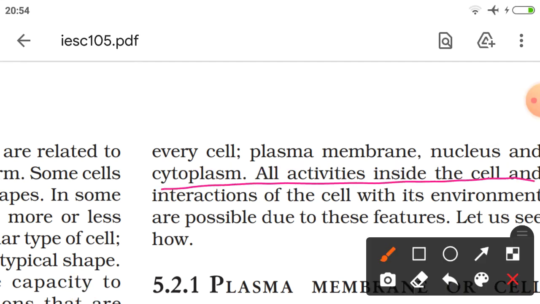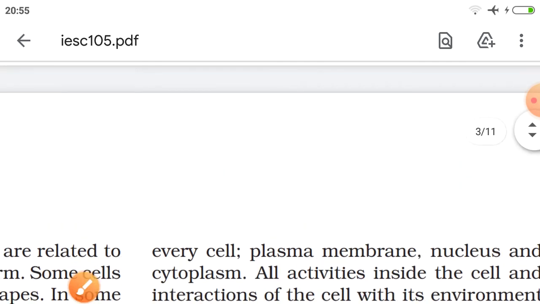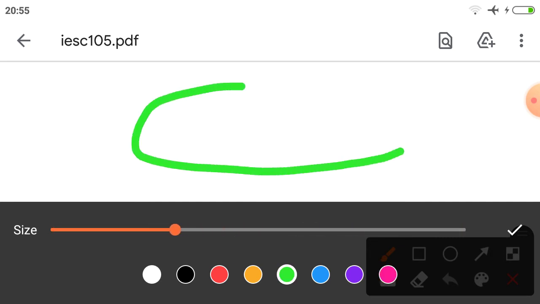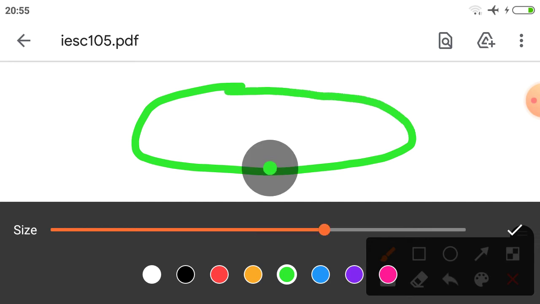All activities of the cell and interactions of the cell with its environment are possible due to these features. Let us see how. So every means every. Every cell has these three components.